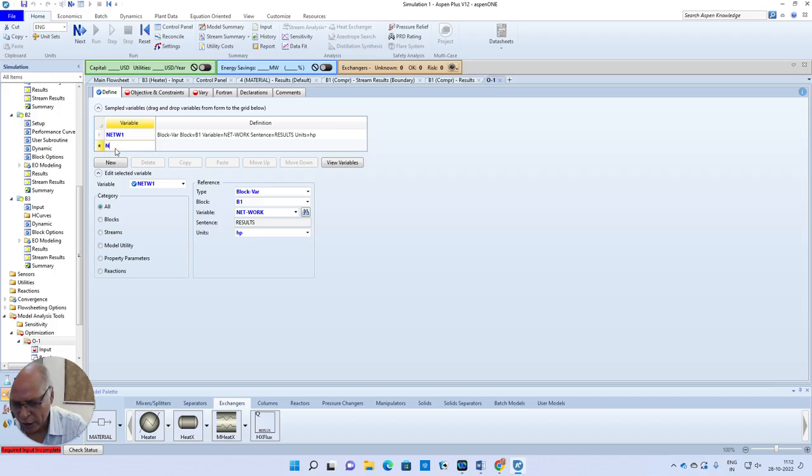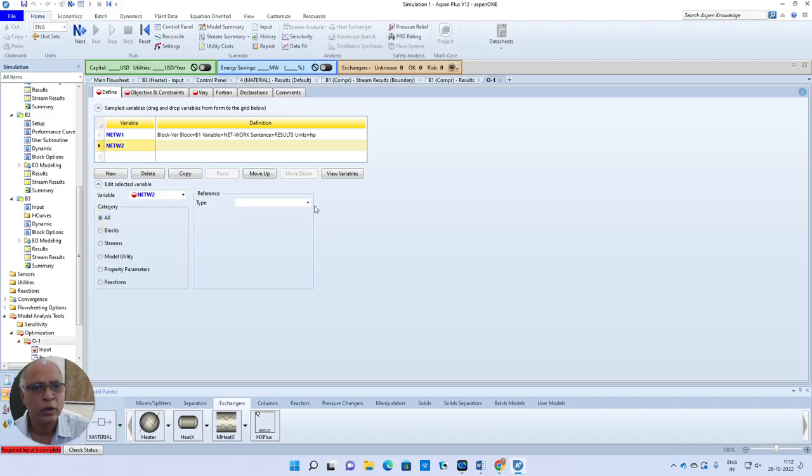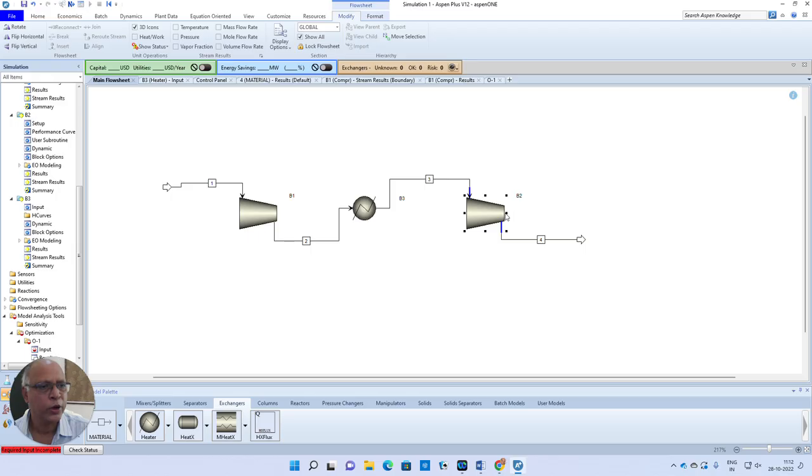Similarly, the network of the second compressor. This is also a block variable. Block is, I think, B2. Yeah, B2 is the compressor.